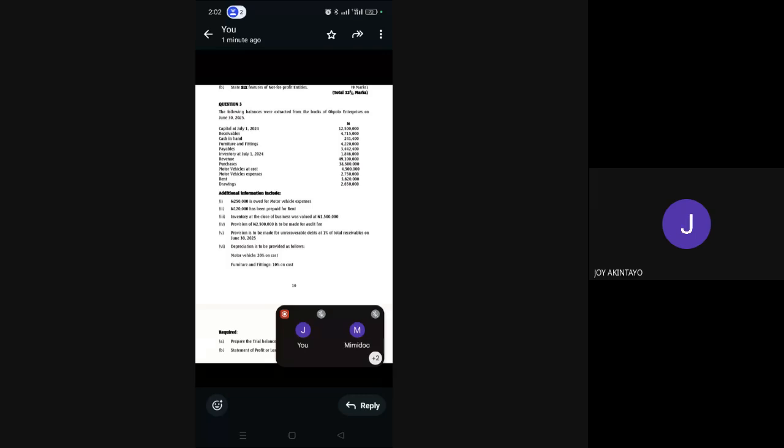It is a current asset because it is expected of us to sell our inventory within 1 year. So inventory will be a current asset. Are we together? How much? 1,846,000.